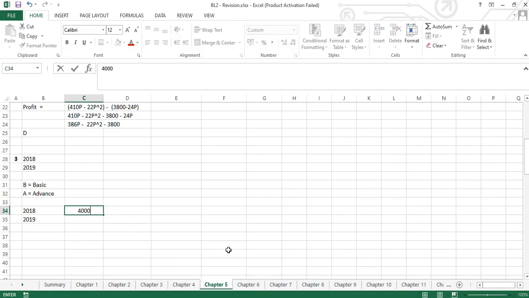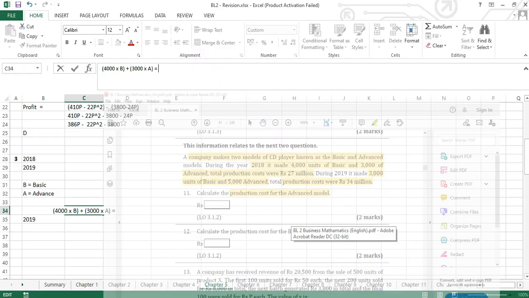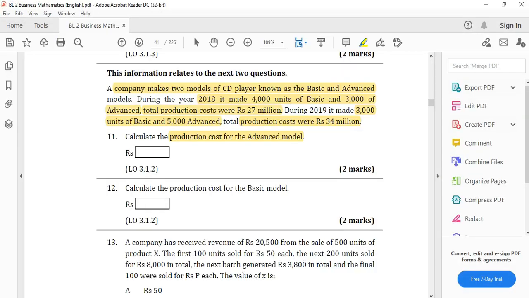So, 4,000 multiplied by B, which is 4,000 B, plus we made 3,000 units of A. So we are basically making the production cost equation, which is those total equals 27 million.